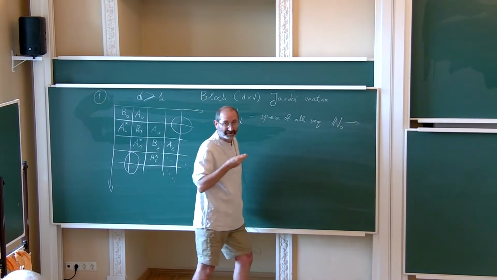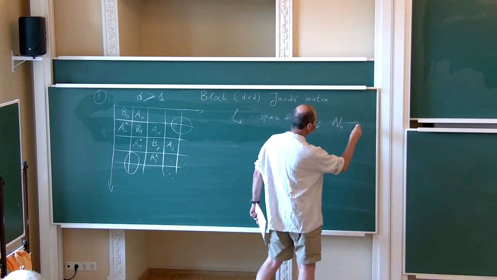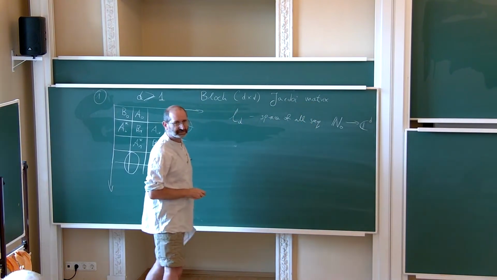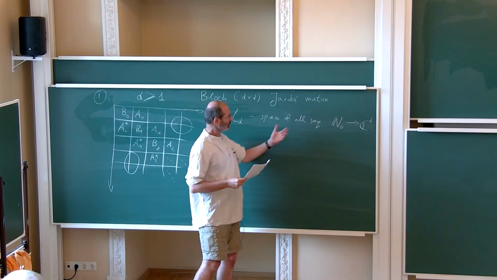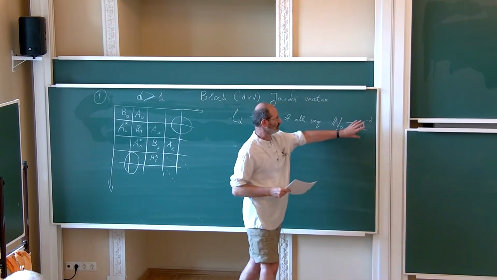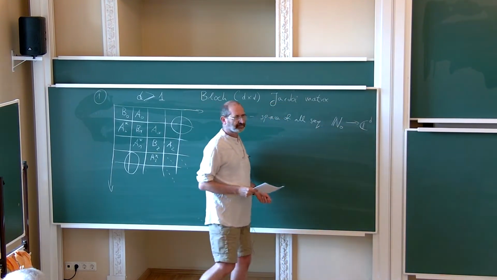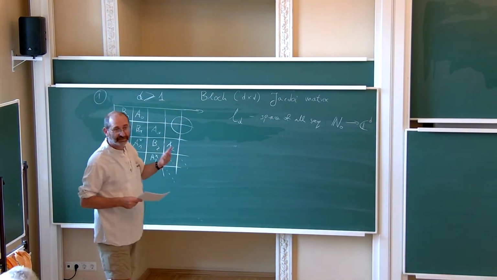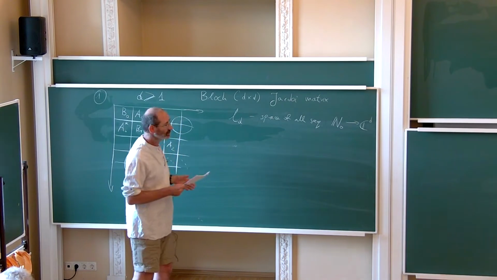Sequences means functions from N0 to CD. So for each term of a sequence like this, you have a vector from CD. In particular, when D is 1, we have just a sequence of complex numbers.